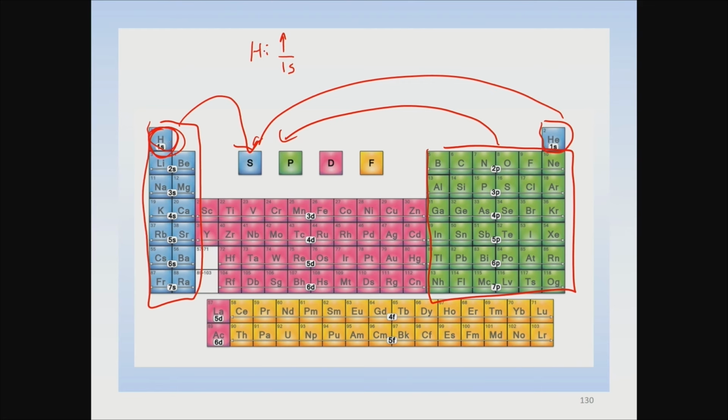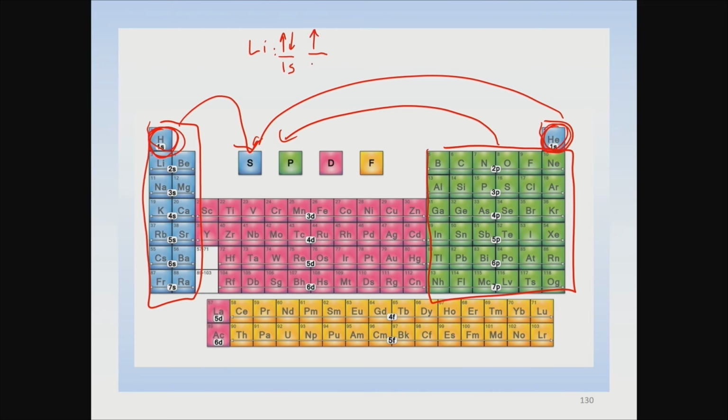Let's say you had helium. Helium has 2 electrons, and its last electron also goes into an s sublevel in the first energy level, so we would expect helium to be part of the s sublevel block, and it is. Now let's look at lithium. It has 3 electrons, 2 are there, so the last electron goes to the next orbital out.